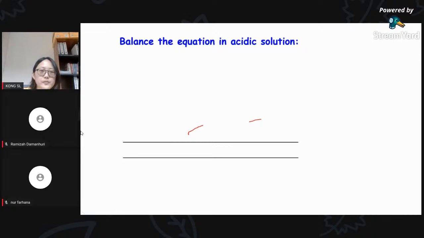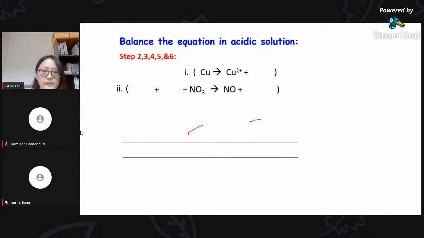Step 2, normally for the second step I will recopy the equation. Steps 2, 3, 4, 5, 6, just combine. You no need to write so many times. When you write many times, one, you waste your time. Number 2, the tendency to get it wrong is high. Why? Maybe you forget the negative charge. Maybe you forget the 2 atoms, you forget the 2. And then maybe you miss some part. That's why you just combine.